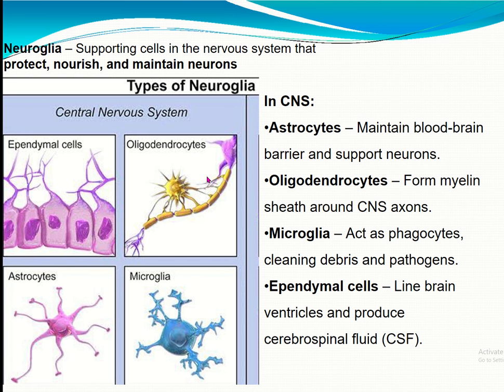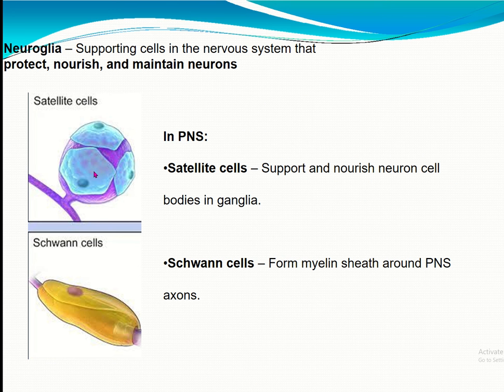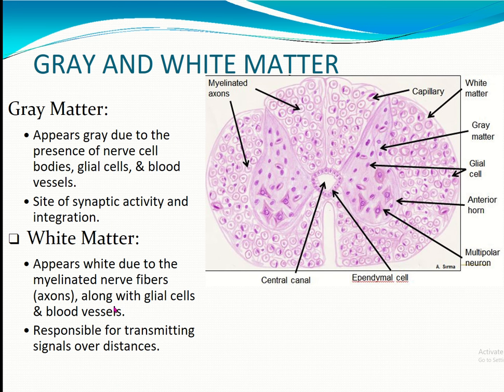These are the neuroglia of the central nervous system, which support the neuron. This is astrocyte, this is oligodendrocyte, this is microglia, and this is ependymal cell. This is satellite cell, this is Schwann cell.